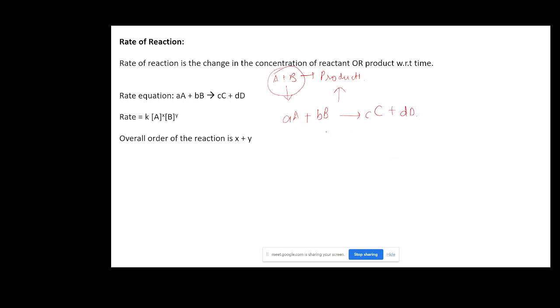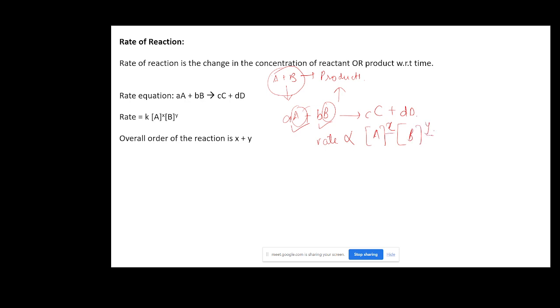So here the rate of reaction is proportional to the concentration of the reactants. Now this proportionality can be any power. Say for example, it depends on the concentration of A with power x, and on the concentration of B with power y.